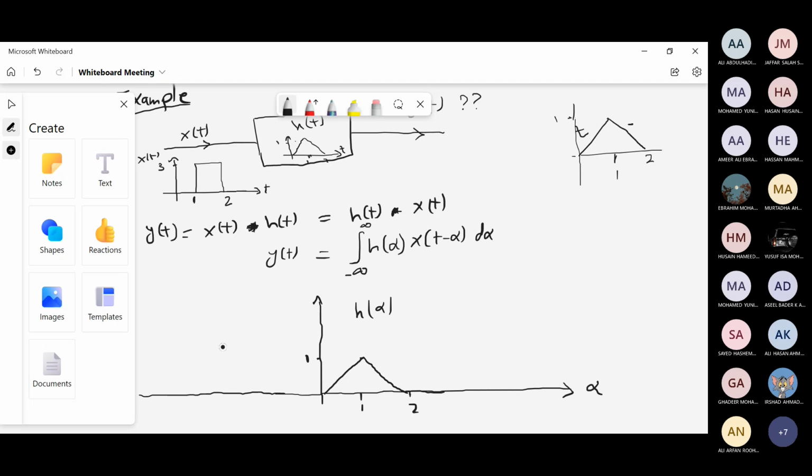So then it is minus t minus 2. But here we change t to alpha. So then this will be equal to alpha. And this one will be equal to, you can write it if you want, 2 minus alpha.